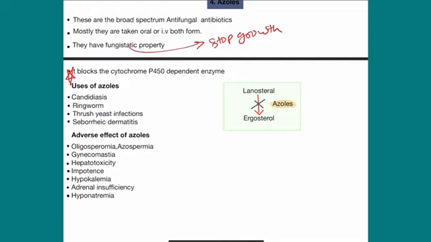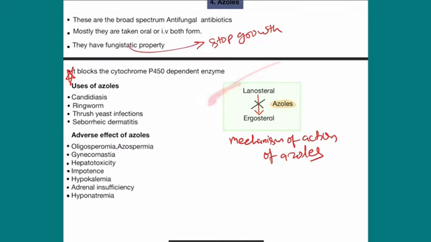This is the mechanism of action of all azole derivatives. Since lanosterol is not converted into ergosterol, it causes the cell membrane to burst and causes death of the fungus.